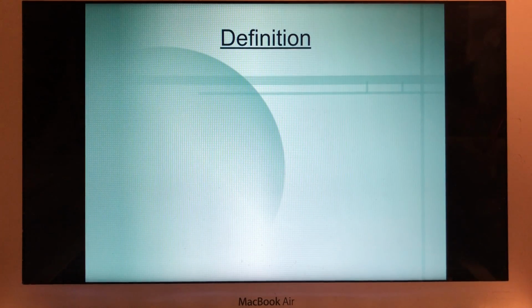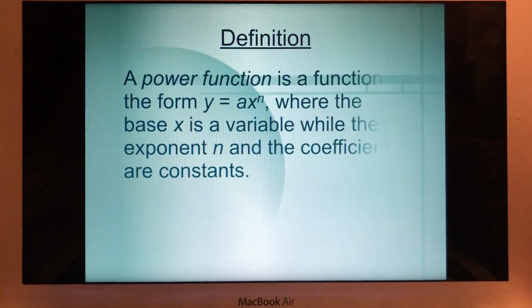If we take those functions that we just saw, y equals x squared or y equals x cubed, these are called power functions.